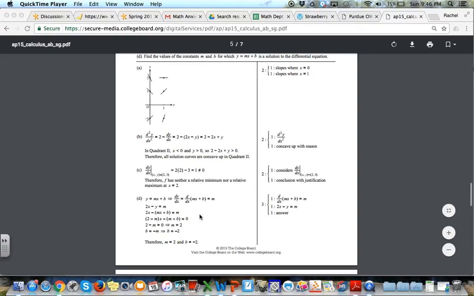And then this third line is some rearranging, getting fancy. So if you take out your x, they put it at the back, so we normally put it at the front, but it's fine. 2 minus m times x minus m plus b equals 0. So you factored out this x and factored out this x.